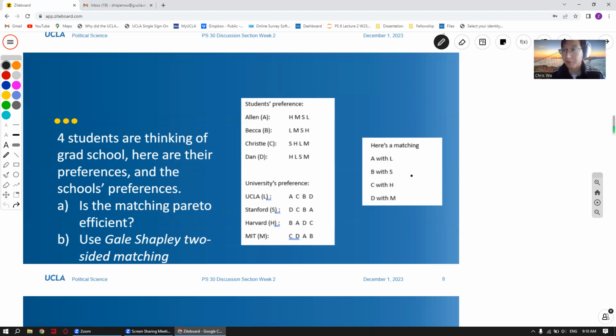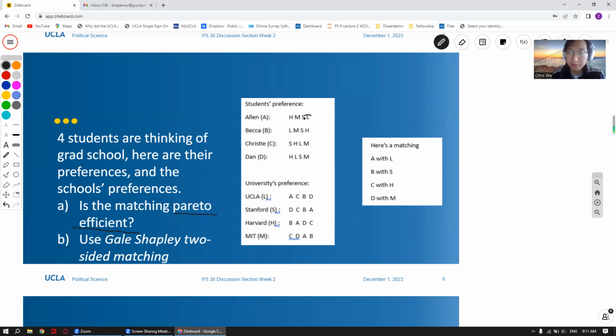Would that be Pareto efficient for the students? Well, the key to Pareto efficiency is, is there any other outcome that can beat it, with nobody doing worse and somebody doing better, right? So that's Pareto efficiency.